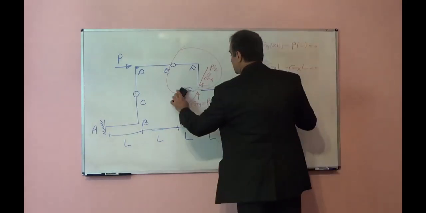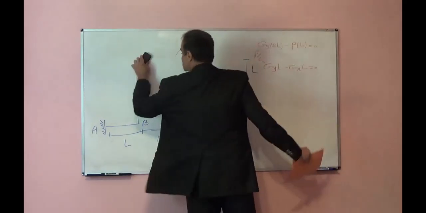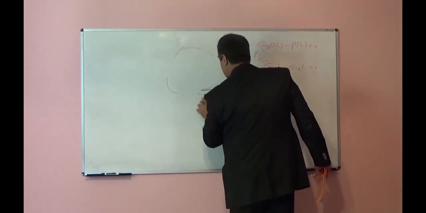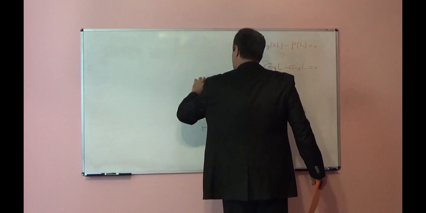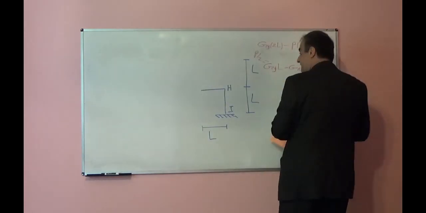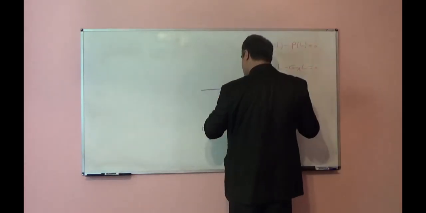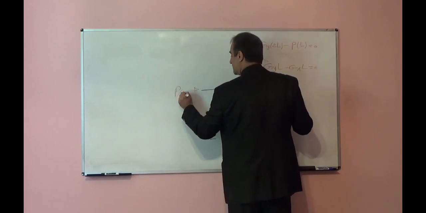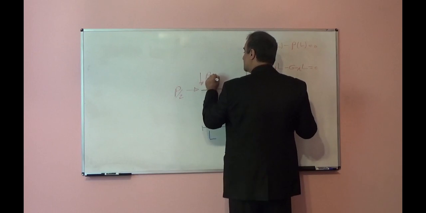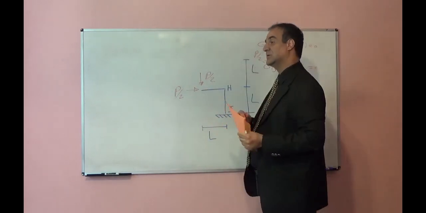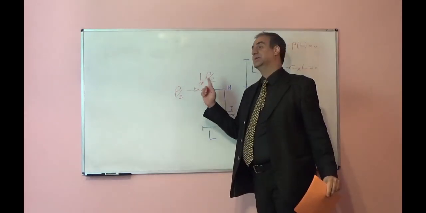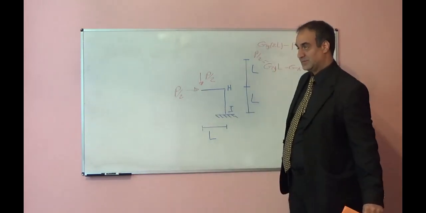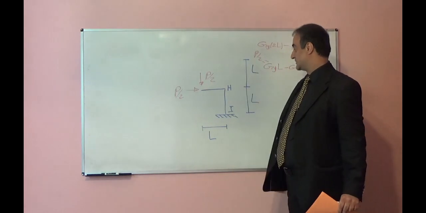So I can remove this entire part and only apply the forces that the left side applies to this part, which will be P over 2, P over 2. And pay attention, those directions we found were reactions, so these are action forces. They should be in the inverse direction.